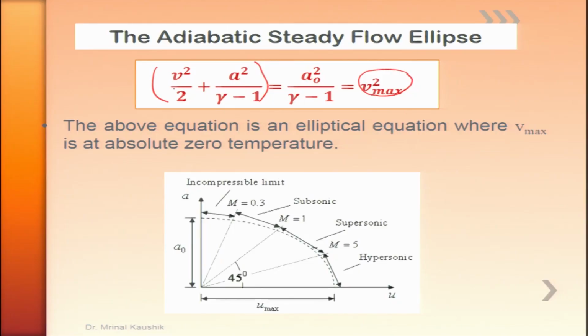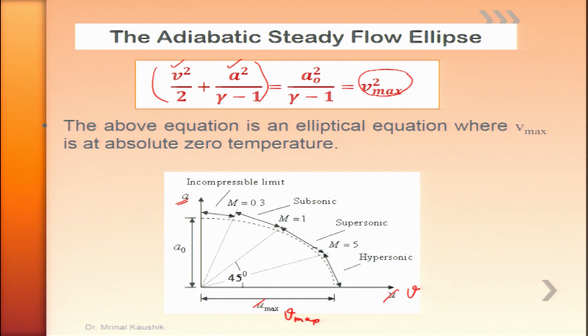This is the equation between the speed of sound A and V. Along the y axis I am taking A, and along the x axis I am taking V, and this is V maximum, which is obtained here when the temperature is 0, that is T equal to 0, a theoretical case.